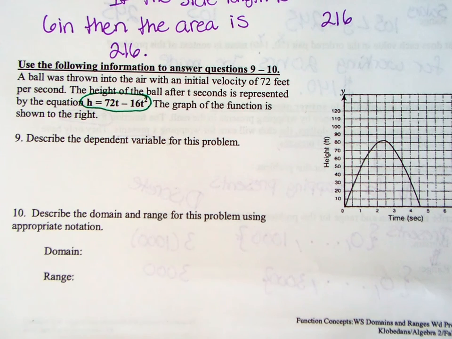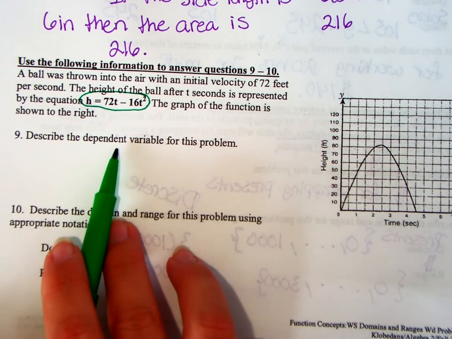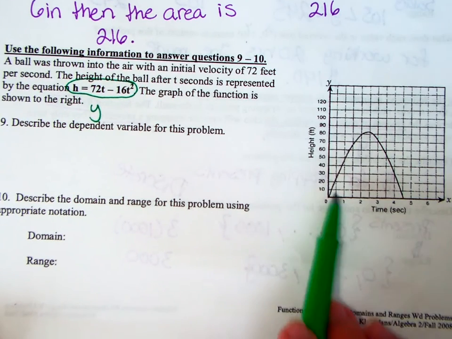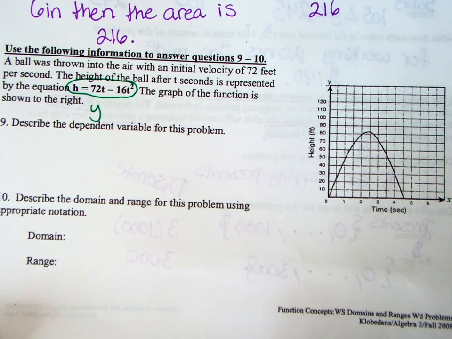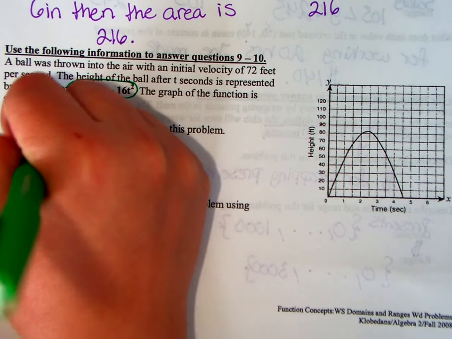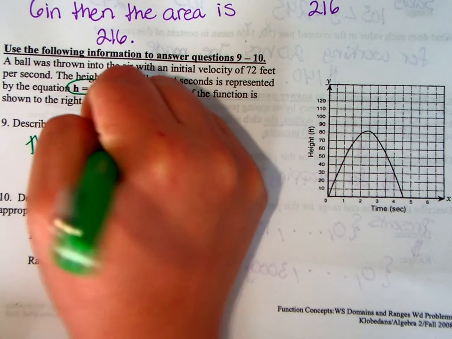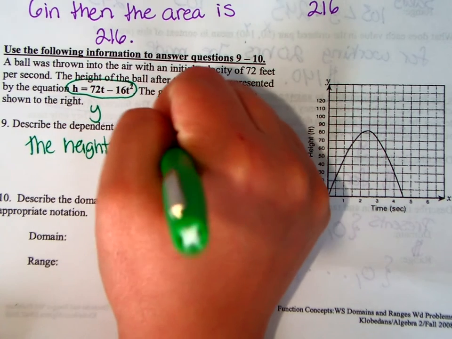Alright. So describe the dependent. Is that our x or our y values? The y. So looking at our graph right here, is time or height the y? Height. Good. So we'll put the height in feet of the ball.